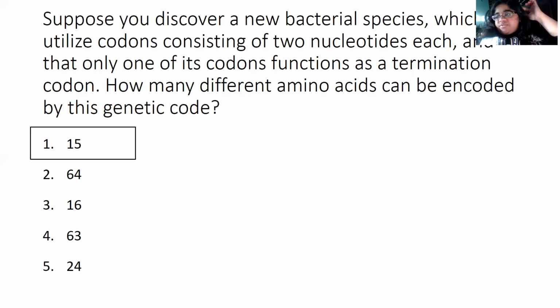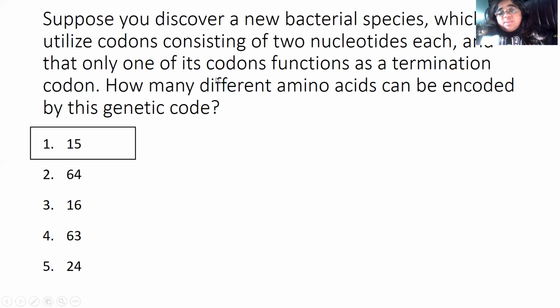I will write this down for you guys in the PowerPoint itself, but it's 4 to the n, where n is the number of nucleotides. So in this case, 4 to the second power, which is 16. But you have to remember that here we have a codon that functions as a termination codon. Remember, with termination codons, you do not have an amino acid coded for it.